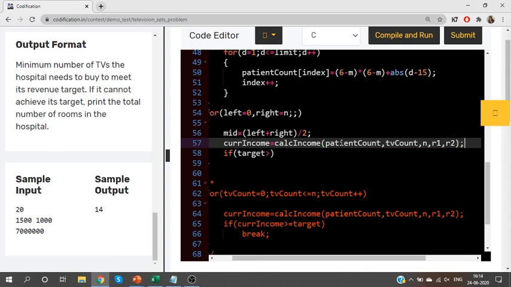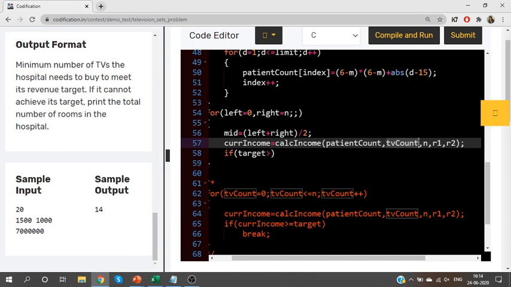But the TV count value is not proceeding linearly, it proceeds based on the middle value. If I have 20 rooms, I will not start with 0 TVs. I'll start with the middle value, 10. If I have 10 TVs, what will be my current income? Based on that, I'll proceed to the left or right.